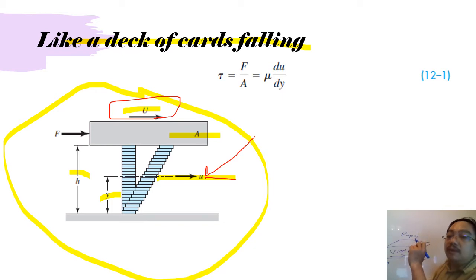Capital U is the velocity of the paper traveling, not the velocity of the water. The water is small u. A is the area of the piece of paper.